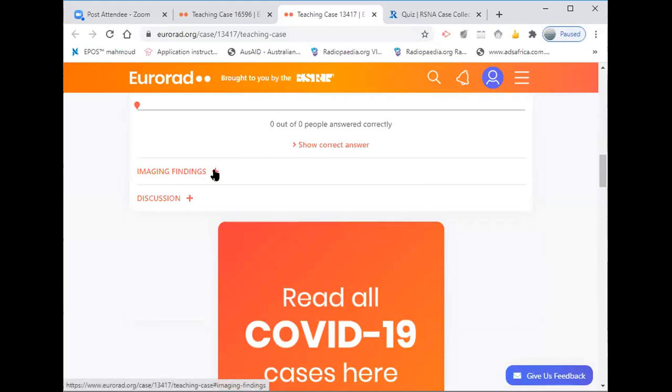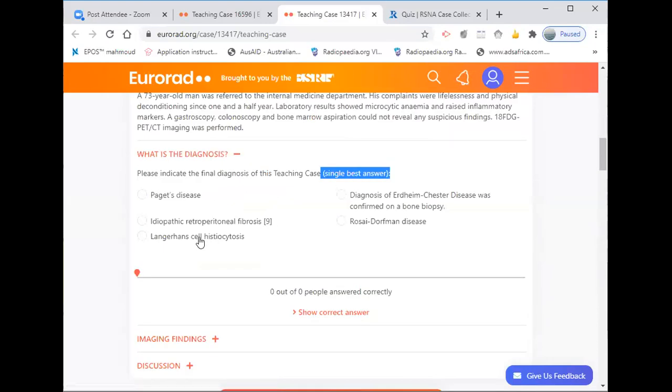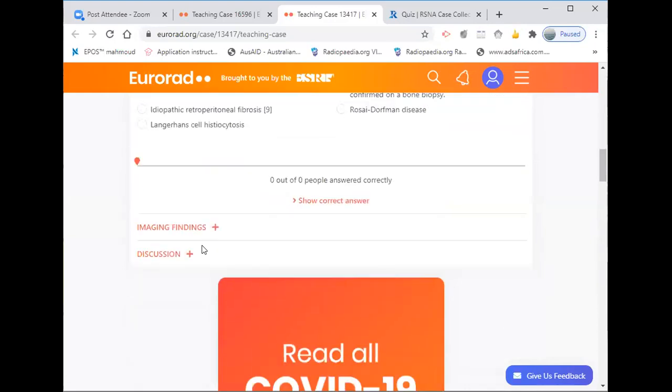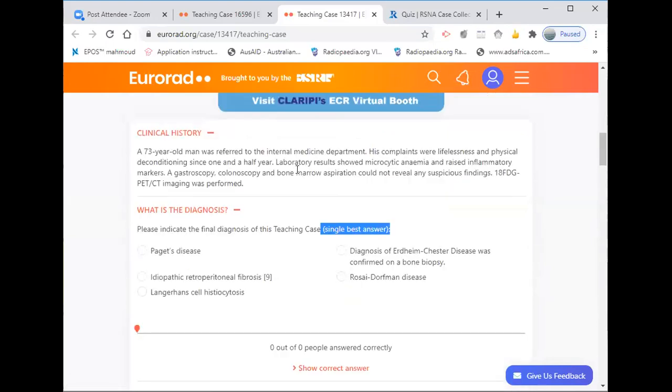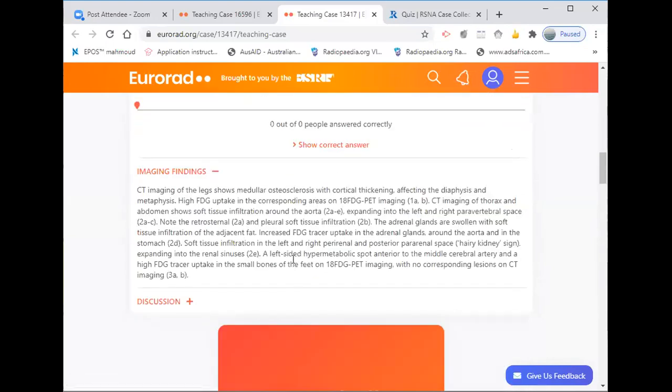Anyone before we show the answer want to tell anything? Histiocyte infiltration, you mean Langerhans? So why Langerhans? Okay, let's go to the image findings and see.